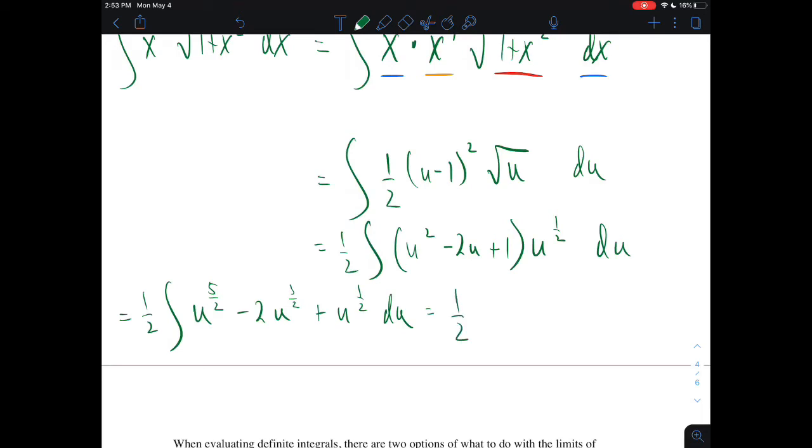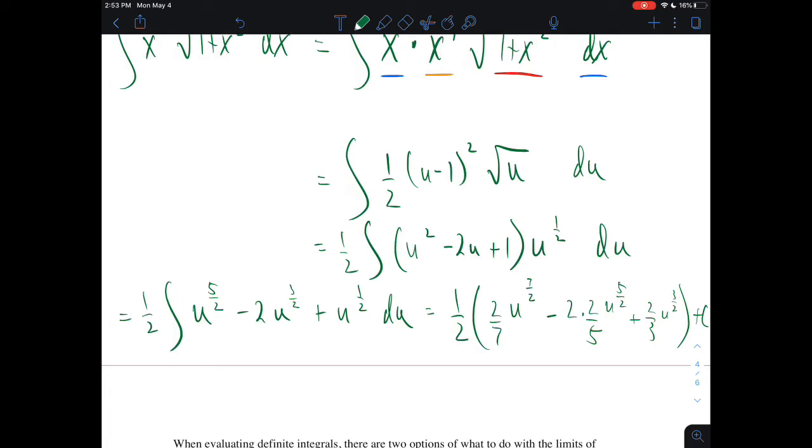So I have 1/2, and then times, this will be u to the 7/2, but then divided by the new power or multiplied by the reciprocal of 7/2, so 2/7, minus 2 times u to the 5/2, but then times the reciprocal of 5/2, so 2/5, and then plus 2/3 u to the 3/2, and then plus C. Again, you don't have to multiply C by the constant.